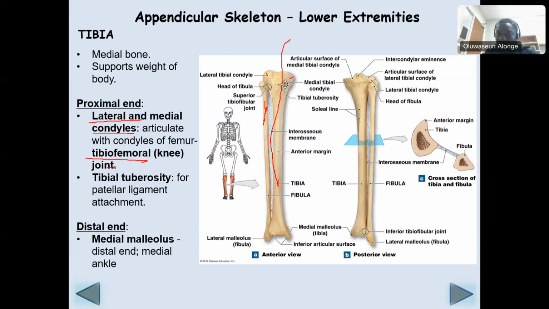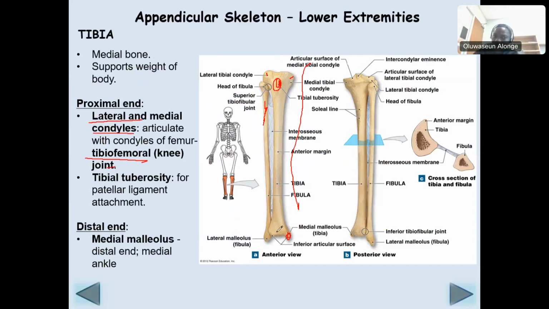Now, on the tibia, we have what we call the tibial tuberosity, which is what you see here. This is the tibial tuberosity there. It's an attachment for the patellar ligament because the patella is right above it, in that region. All right. Then at the distal end, we have the malleolus, which is the projection you always see on the medial side of your ankle.